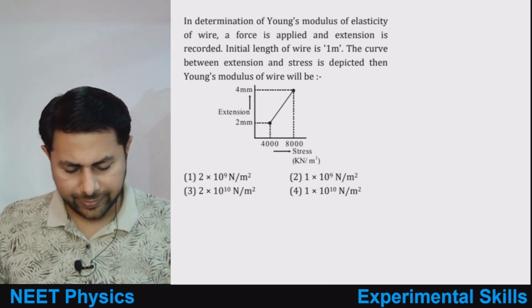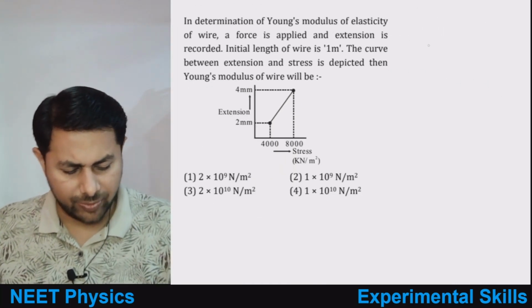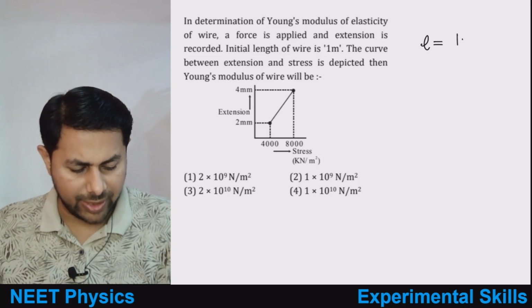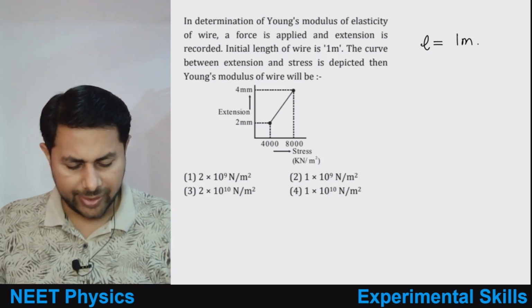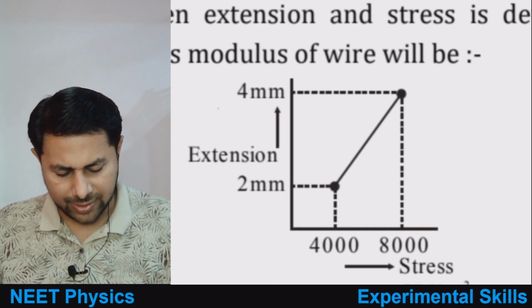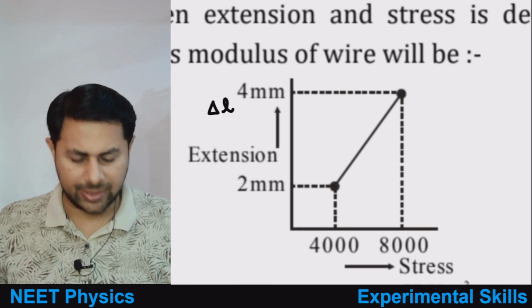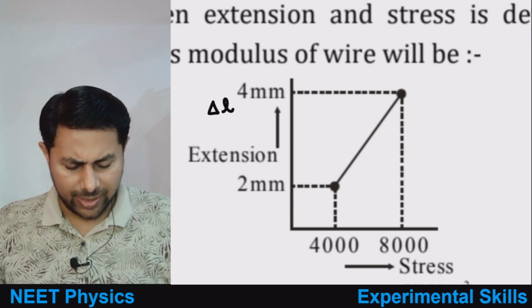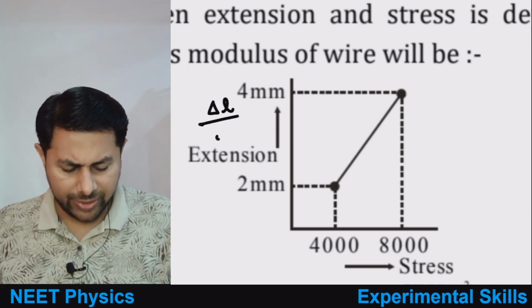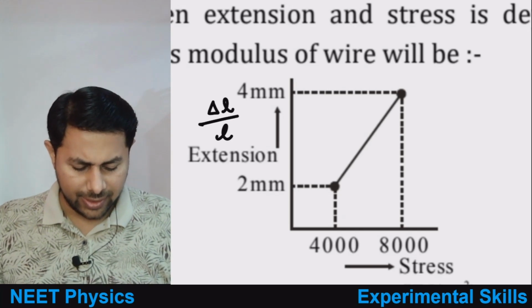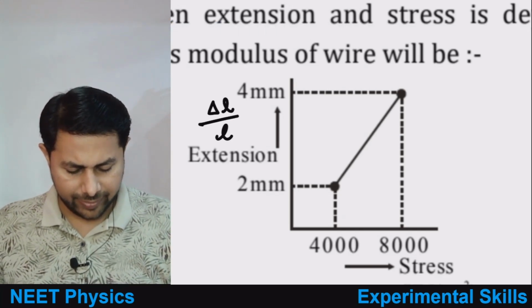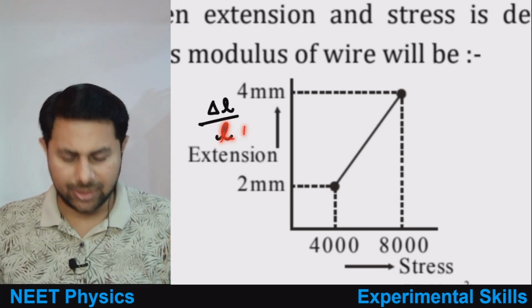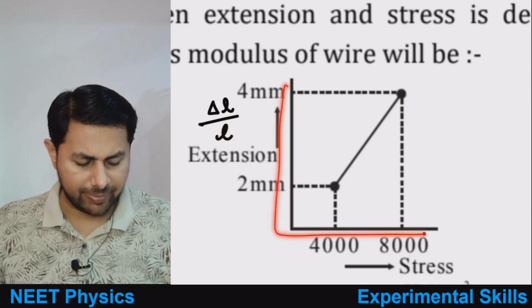What is the length of the wire? Length is equal to 1 meter. What they have given is extension, meaning delta L, versus stress. Now if length is equal to 1 meter, then even if we divide by length, the curve will remain the same, right? Because L is just equal to 1.